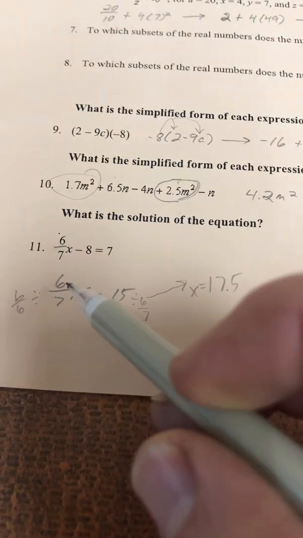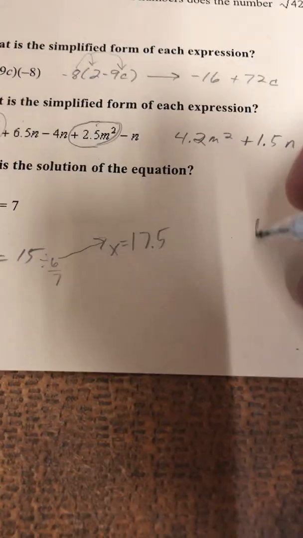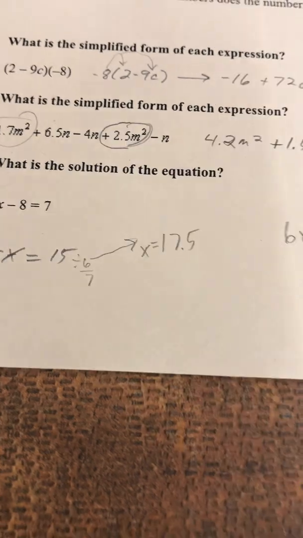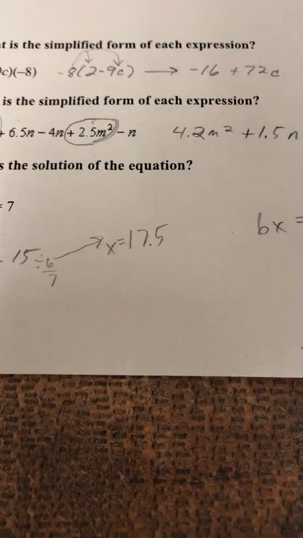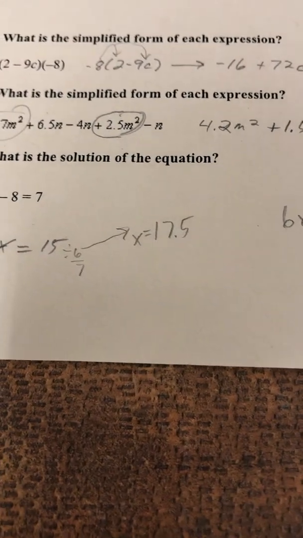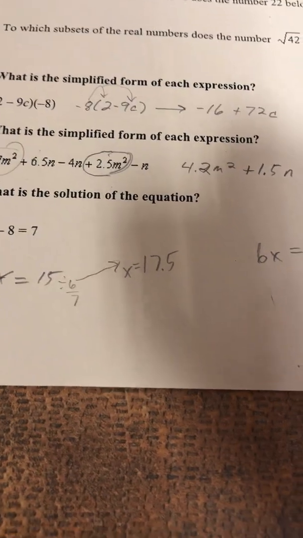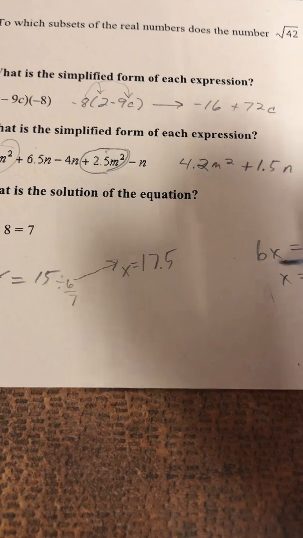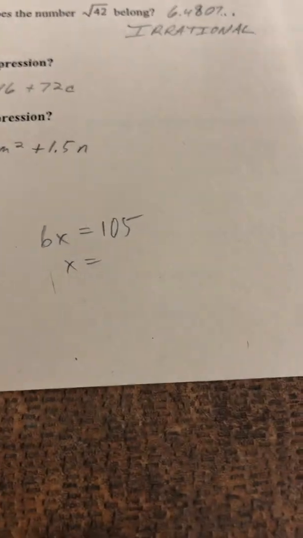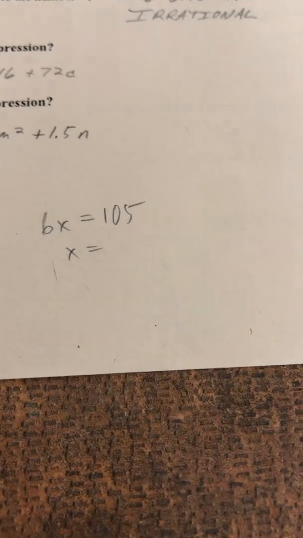One other way you can do it is to multiply everything by 7. So you end up with 6x equals 15 times 7, which gives me 105. Then divide both sides by 6, and you get the same thing, 17.5.